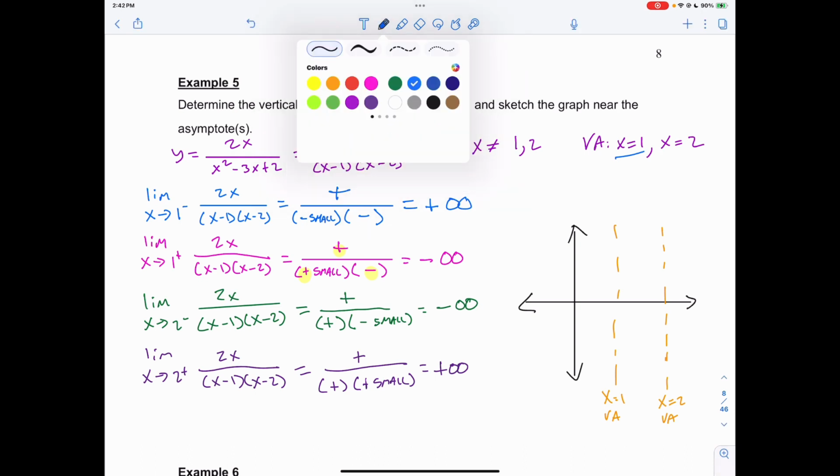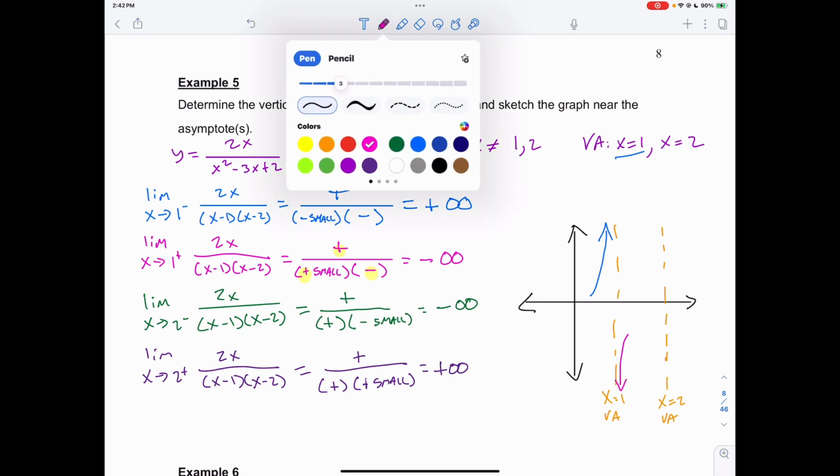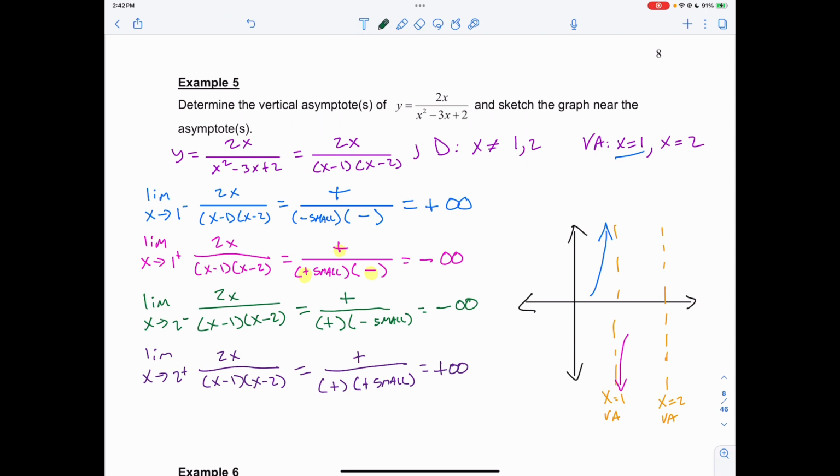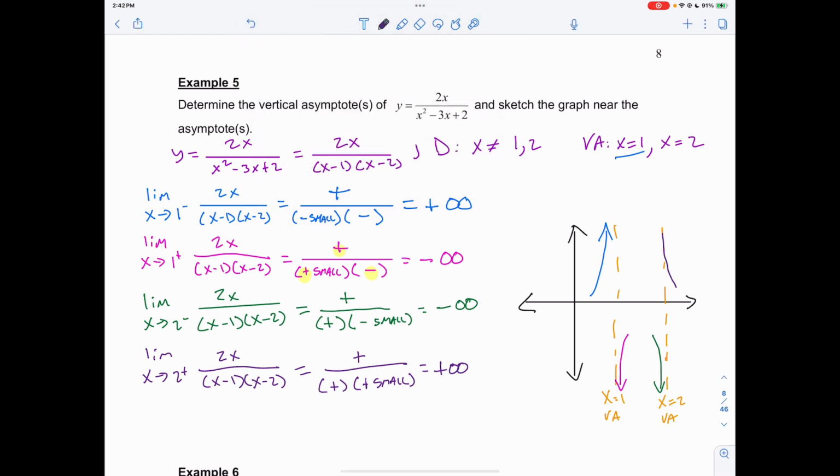When we approached 1 from the left, it shot up to positive infinity. When we approached 1 from the right, it went down to negative infinity. When we approached 2 from the left, it went down to negative infinity. And when we approached 2 from the right, it went up to positive infinity.